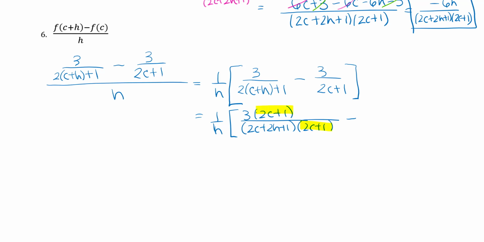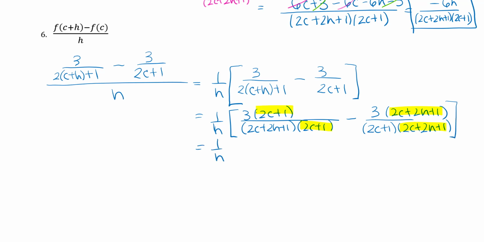On the second fraction, I already have a 2c plus 1 factor on the denominator, but I'm going to need to multiply by the 2c plus 2h plus 1 factor. That's what I multiplied by on the numerator and denominator to get the right common denominator.